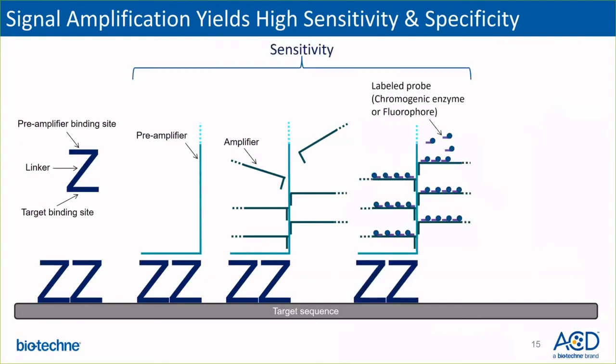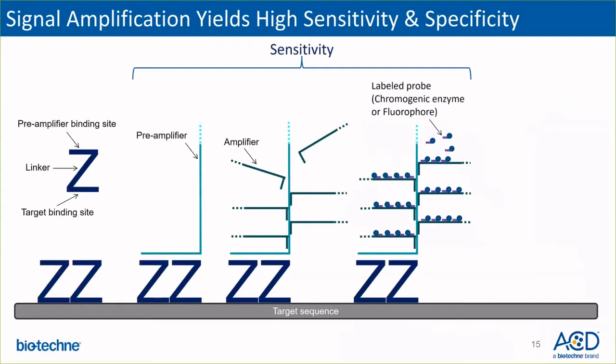And each amplifier can further bind multiple labeled probes, sequentially hybridizing to assemble a branching complex at each ZZ binding site. Labeled probes can contain chromogenic enzyme such as HRP that generates a visible signal after chromogenic reaction such as DAB, detectable under standard bright field microscope.